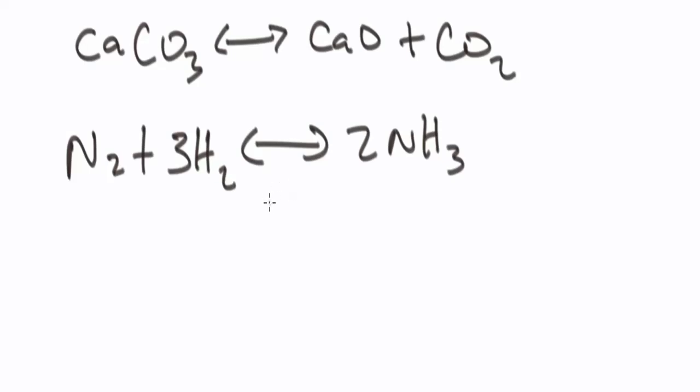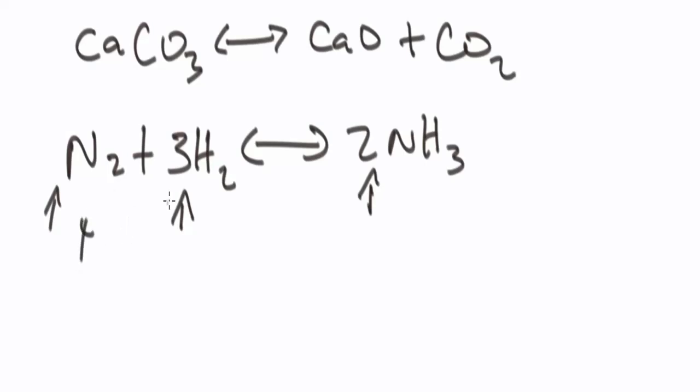And you know, in Boyle's law, an increase in pressure implies a decrease in volume. So in this situation, an increase in pressure will cause the equilibrium position to shift to the side with fewer moles of gases. Here we have 2 moles of gases, and here we have 4: the 3 plus the 1 behind the nitrogen gas, which is invisible, so 3 plus 1 is 4.